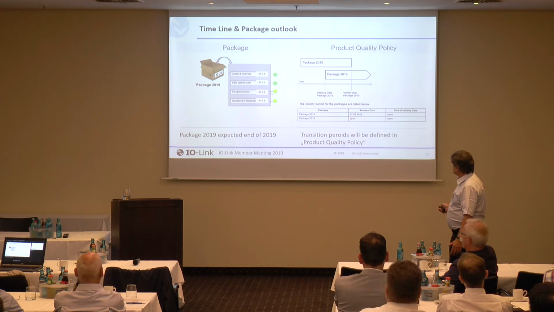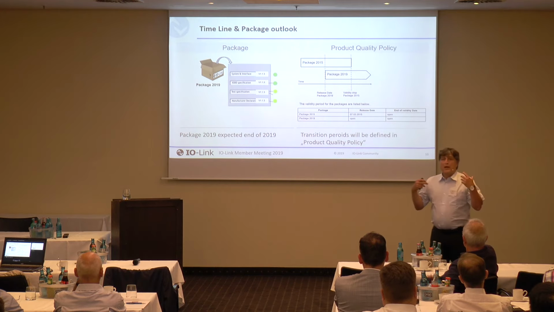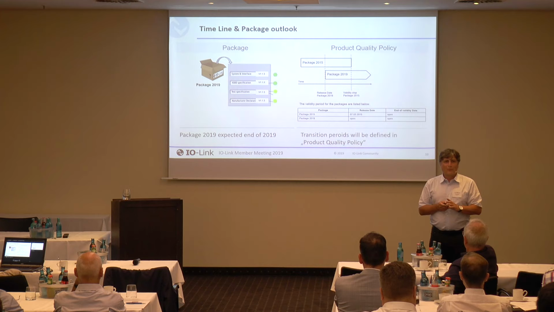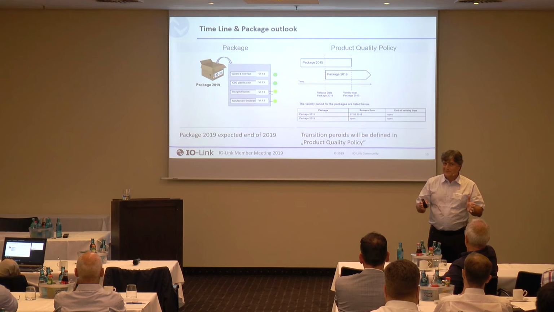For package 2015, we had a release date, but no end-of-validity date. We will decide after the package is complete. These values will fit in, and the new version of the product policy will come out, so everybody can read how long the transition periods are.